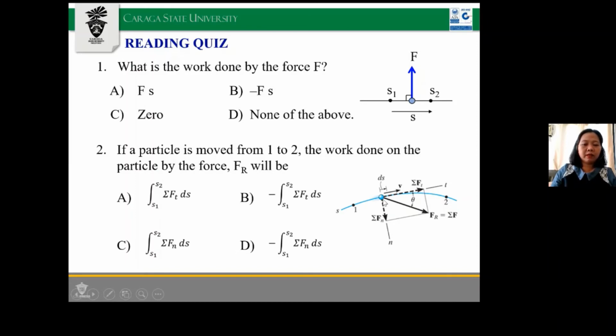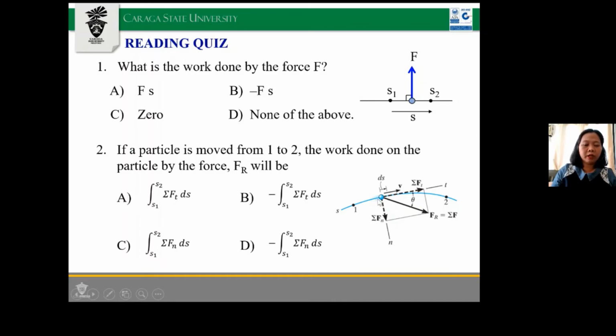But we know that there is no work done by forces perpendicular to the movement of the particle. So there is only tangential force. So our answer will be A or B. But which is the correct answer between A and B?